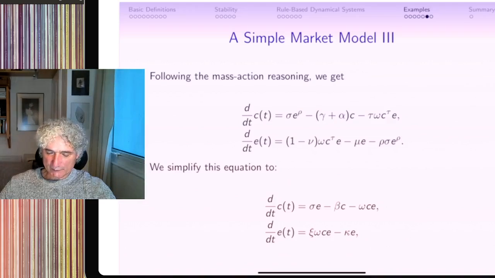It's two-dimensional because C is the concentration of capital, so to speak, in the system, and E is the concentration of economic size in the equation.